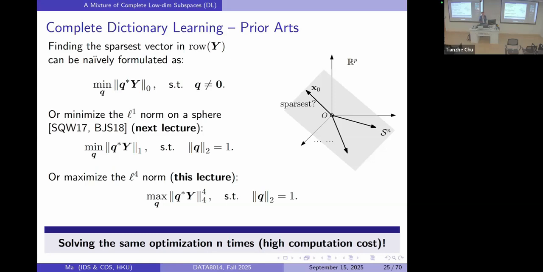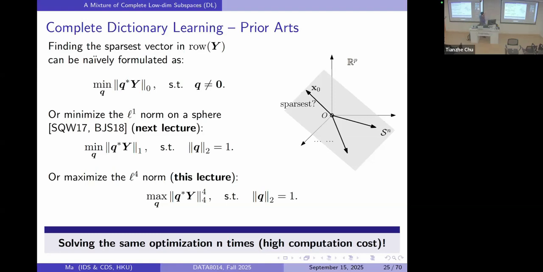So there must exist a vector q, multiplied with the rows of y, that gives me the first row x1, which is sparse. The idea is very simple. So we have to find a linear combination of the rows of y so that we can reproduce one row of x, which is sparse. Can I find such a q to recover one row of x?